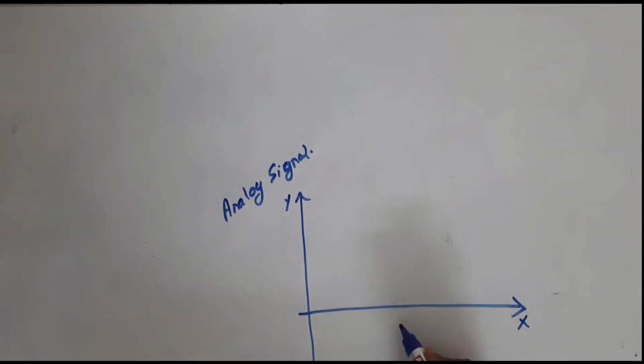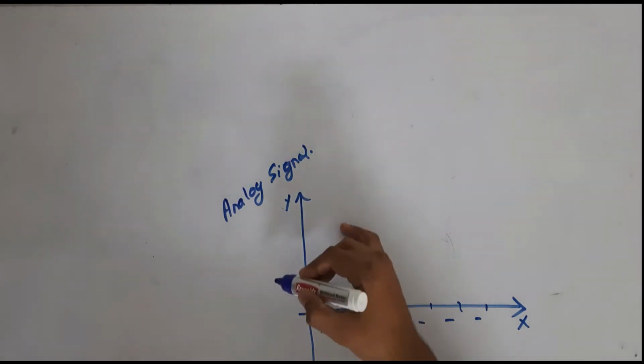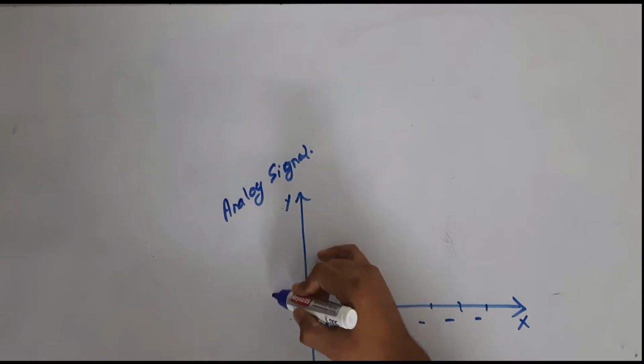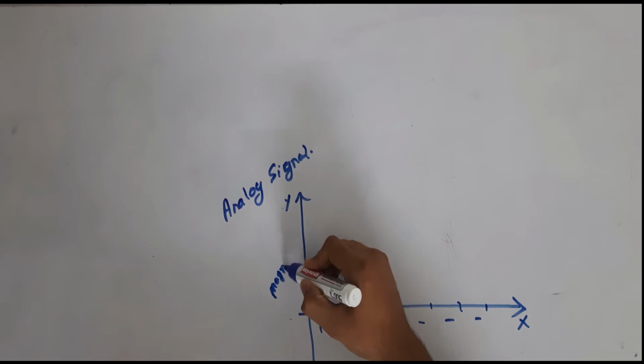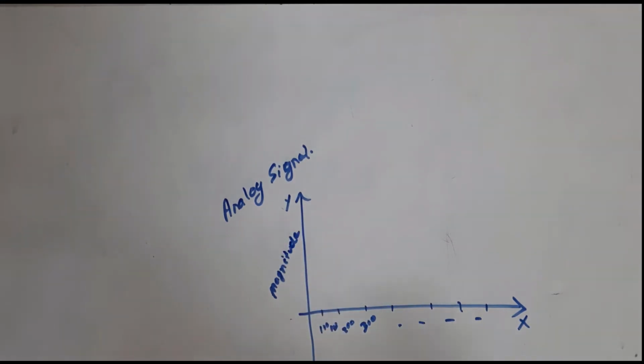On the x-axis we are representing time, let's say in hundreds of milliseconds: 100 millisecond, 200 millisecond, 300 millisecond, and so on. And the y-axis represents the magnitude of any physical quantity which we intend to measure.